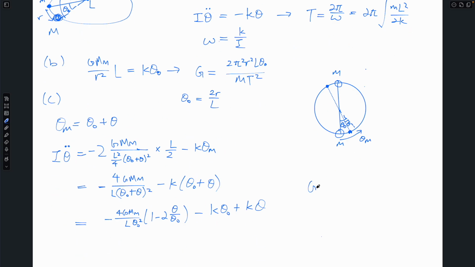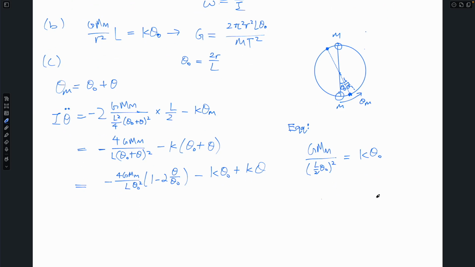So we have GMM. The equilibrium condition for mine will be GMM over L over 2 theta naught squared is equal to k theta naught. Wait, hang on now. There is a length term here.